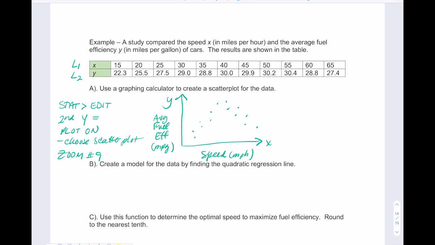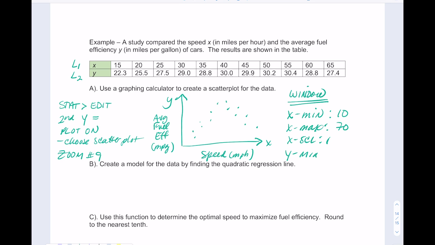If you would like to, you can go into the window and play around with the window so that you can actually see everything clearly. We only want the first quadrant because all values are positive. If you make the x min 10 and the x max 70, you can leave x scale 1. That just means count by ones. You can make it whatever you want.